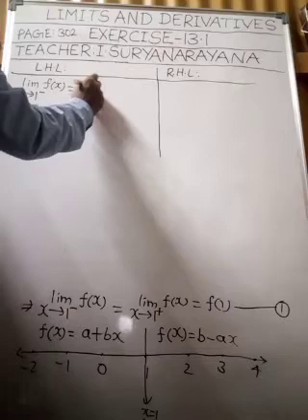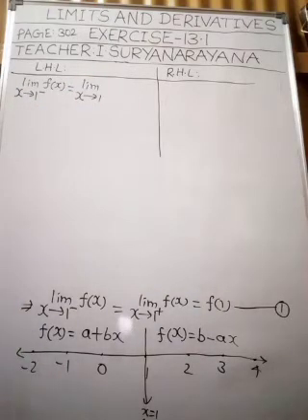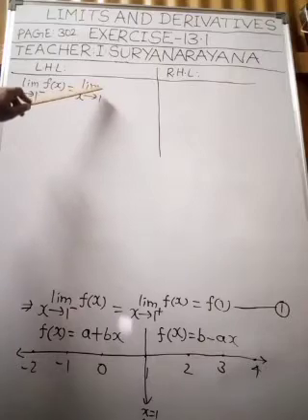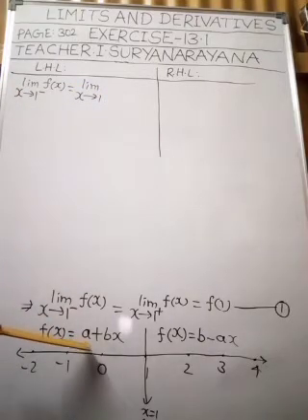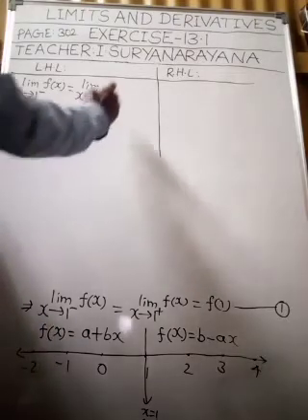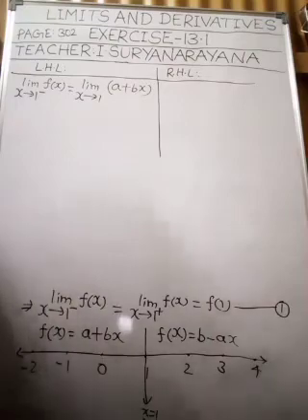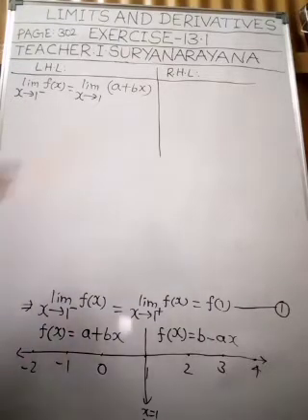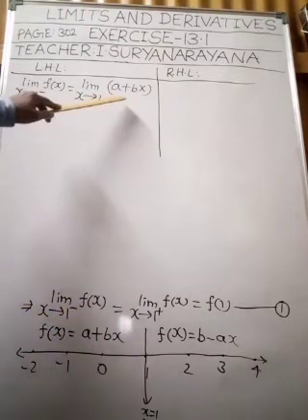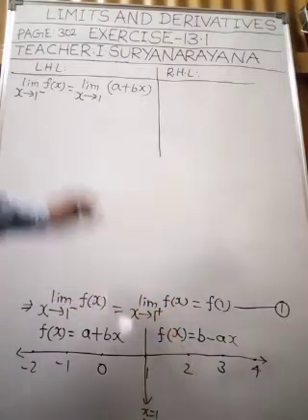As x tends to 1, I told you previously, after deciding the function, here there is no need to write 1 minus. We have decided the left hand side function is f of x equal to a plus bx. So a plus bx. Directly we have to consider this function only, not this function.